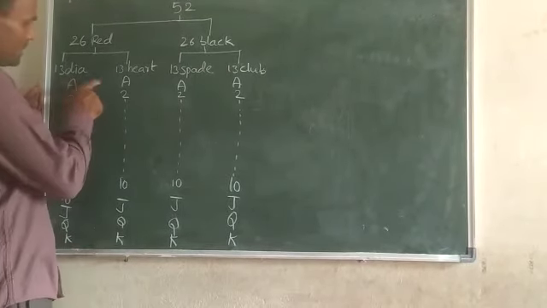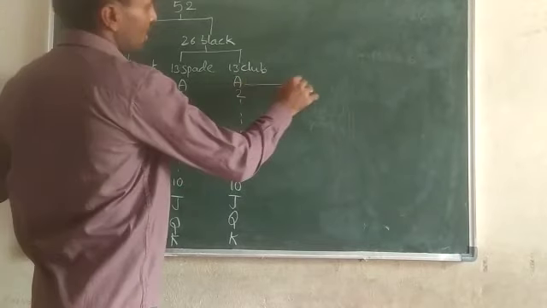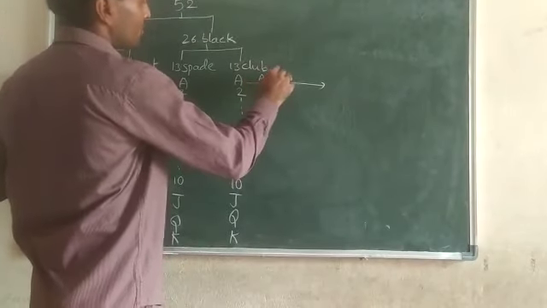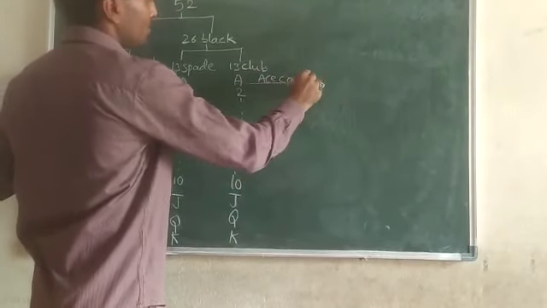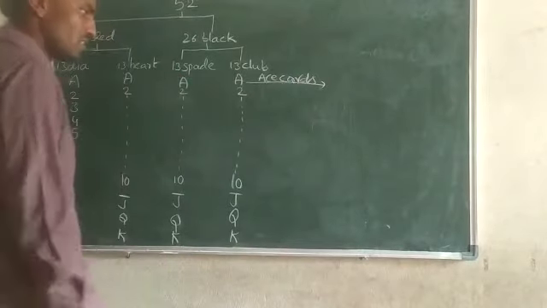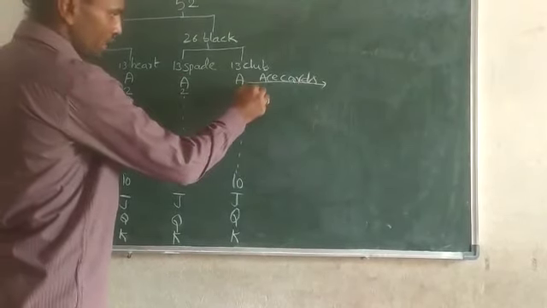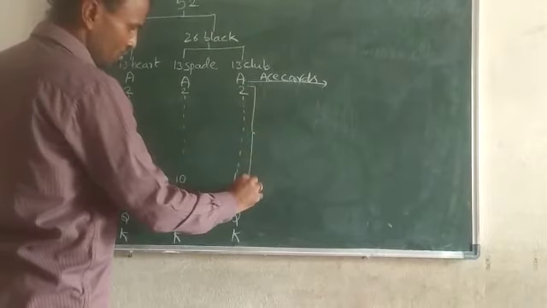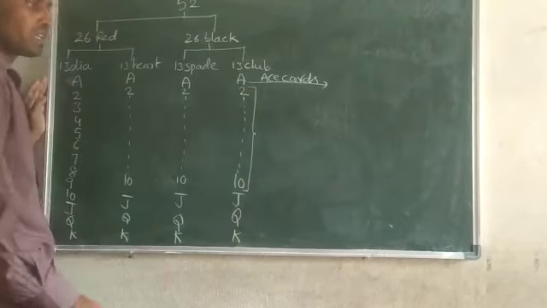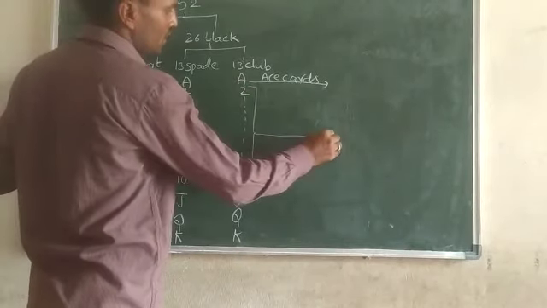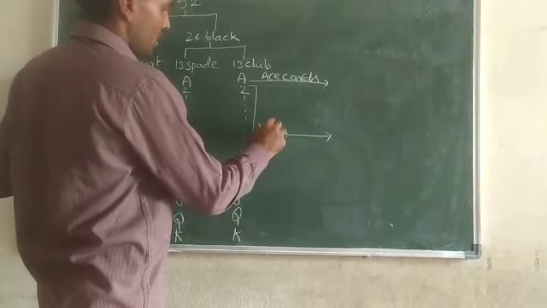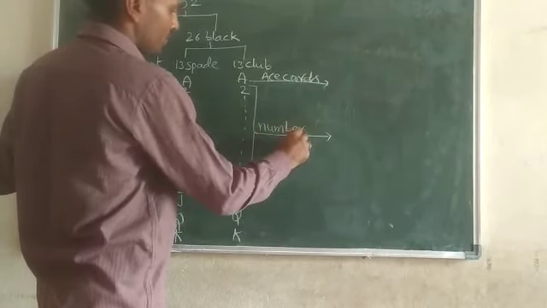Now observe here A. This A is called the ace card. Next observe from 2 to 10. These are numbers, so these cards are called the number cards.